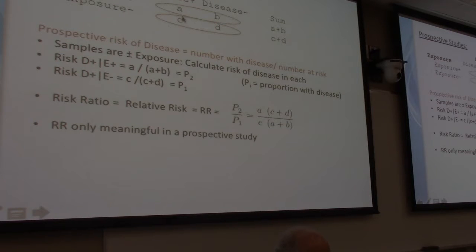In the other group, it's the number who get lung cancer divided by the total number of non-smokers. We calculate the risk for each of these, and then we take the ratio, which is a risk ratio, or a relative risk, or an RR, which is just proportion 2 over proportion 1. And it's given by this formula here. So because you have to know the denominator, the relative risk is only meaningful in a prospective study.